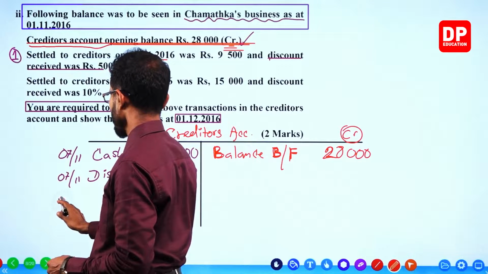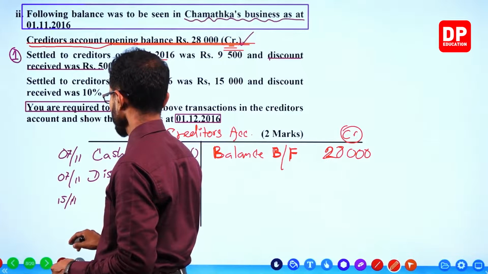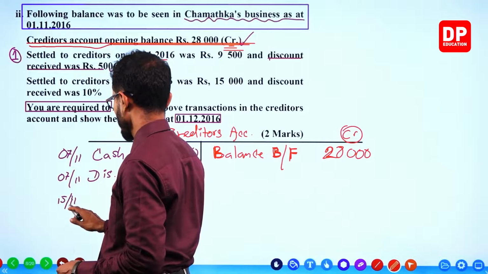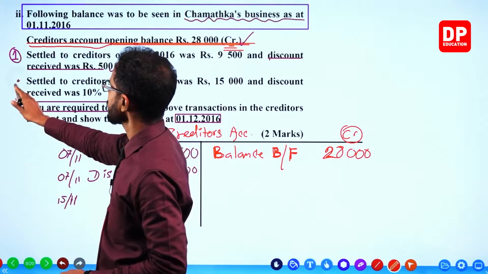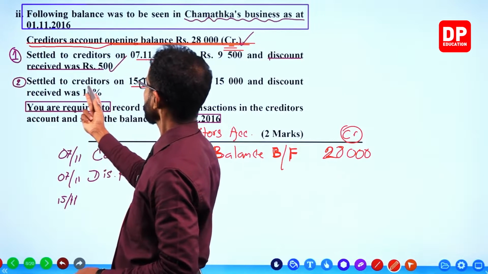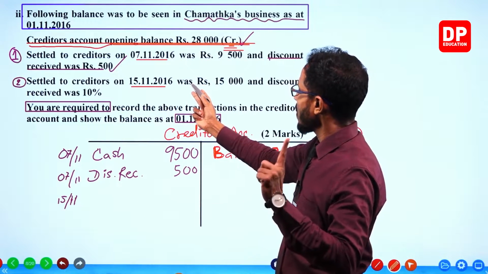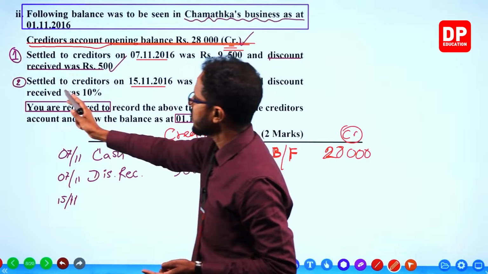Next one 15th November. The amount is how much? 15,000. Discount received again 10%.